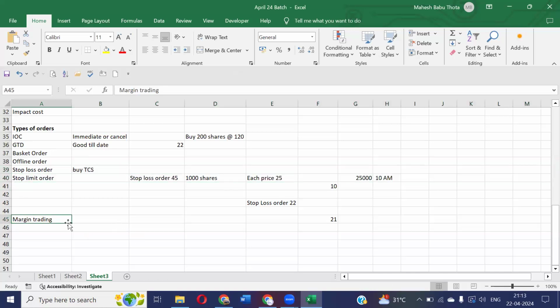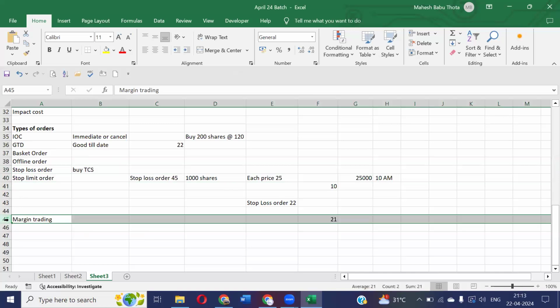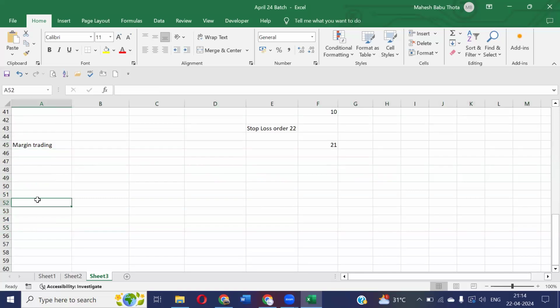Then we have margin trade. I'll cover this margin trade when we are discussing forward contracts. Okay. Again, we have a few more terms in the stock market: circuit breakers and also stock halt. We have to cover Sensex. I'll write here, always alphabetical. I'll show you how to calculate the Sensex index as well, and why there is always a difference in BSE and NSE points.